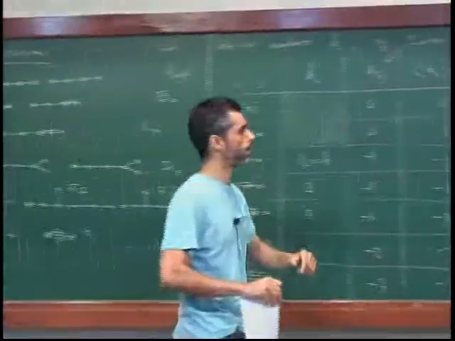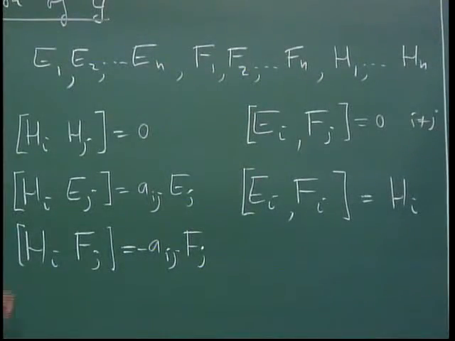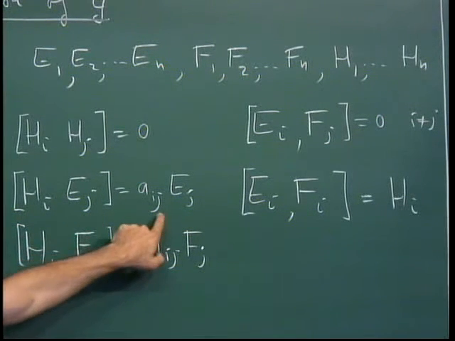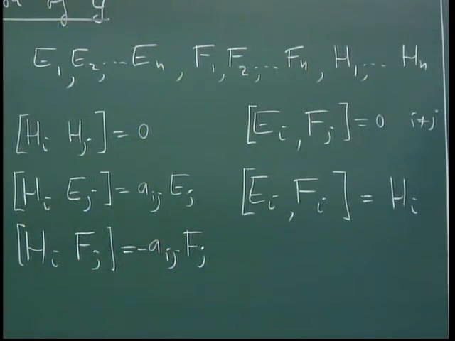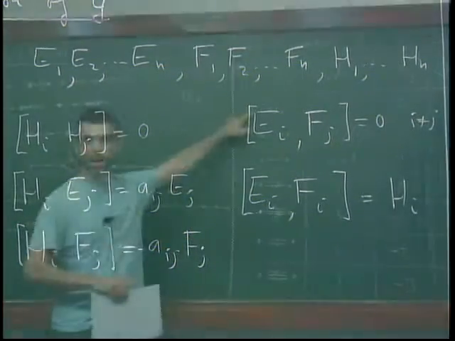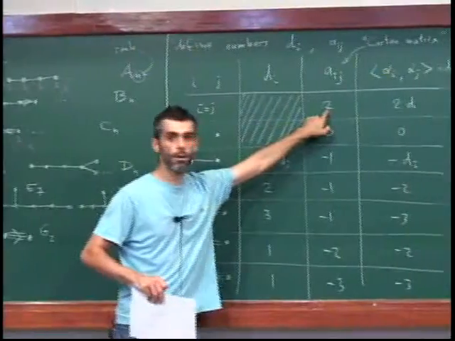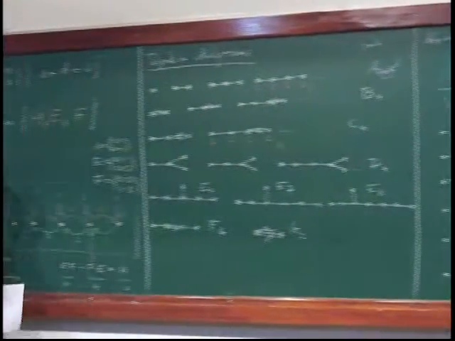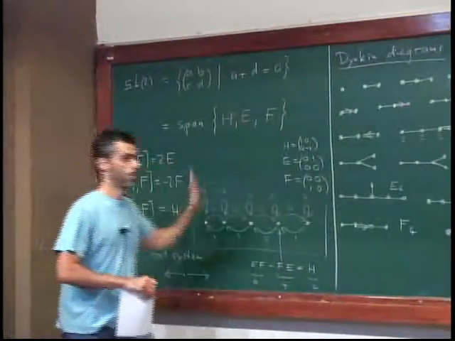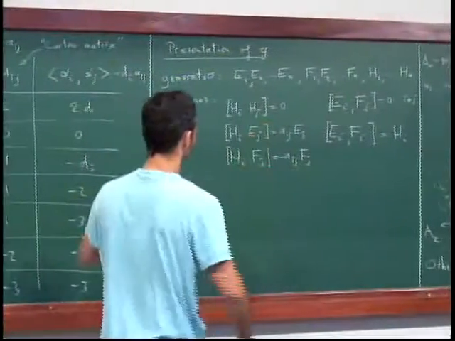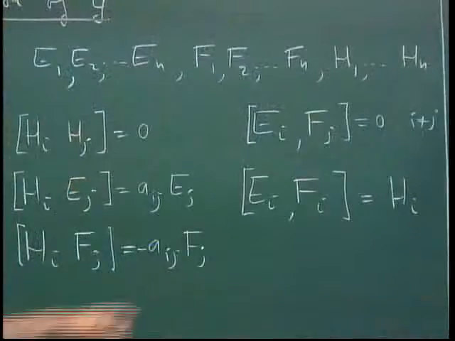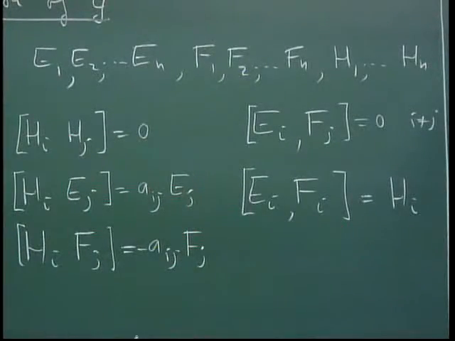So you can already read this from here. You somehow need to use that. If I put i equals j here, I get Aij, and Aij is the case i equals j of this table, and I read it 2, and that 2 is the same as the 2 that's here. So these are the SL2 relations, and this one is also part of the SL2 relations.